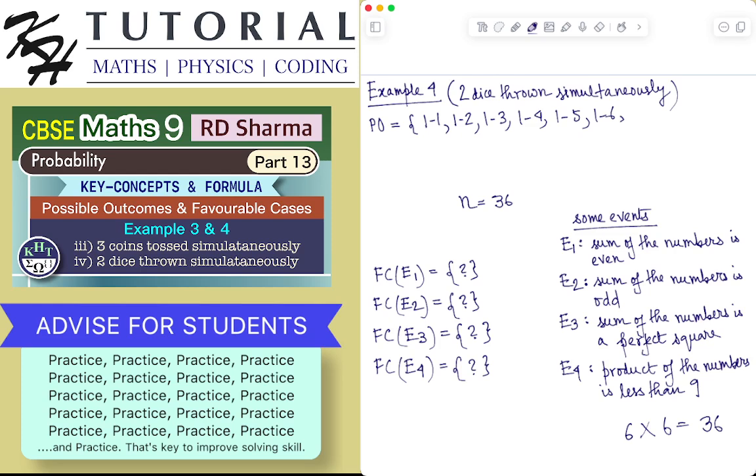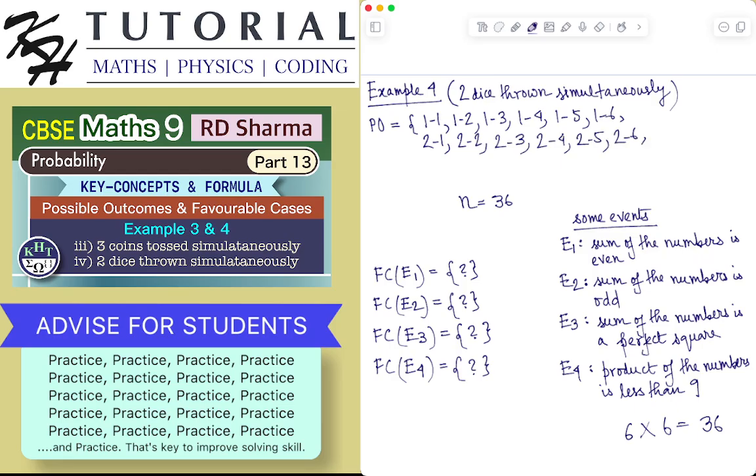Similarly, if the first die is showing the number 2, I will have 2-1, 2-2, 2-3, 2-4, 2-5 and 2-6.